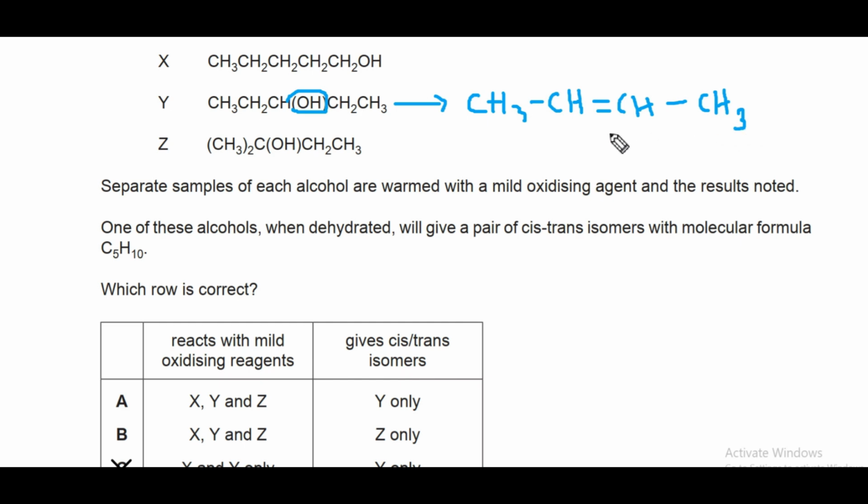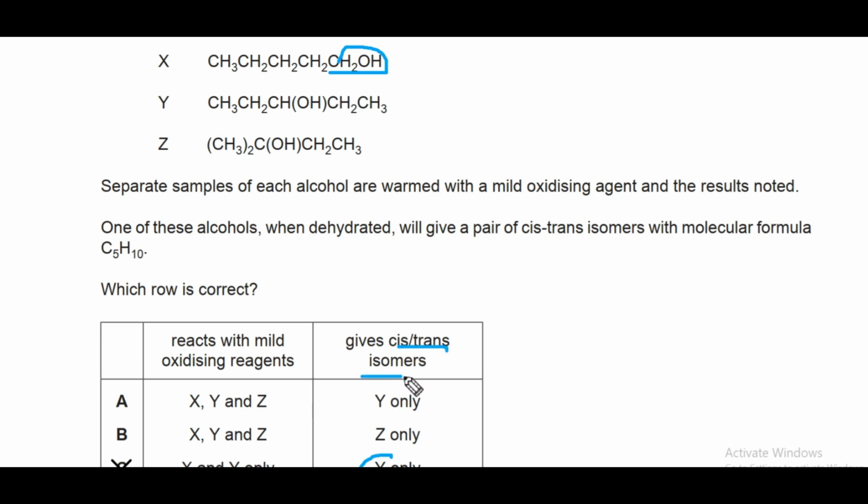One is cis-butene, the other is trans-butene. So Y only. And why is X wrong? X will form 1-butene, but it will not give two geometric isomers. So Y only gives cis-trans isomers.